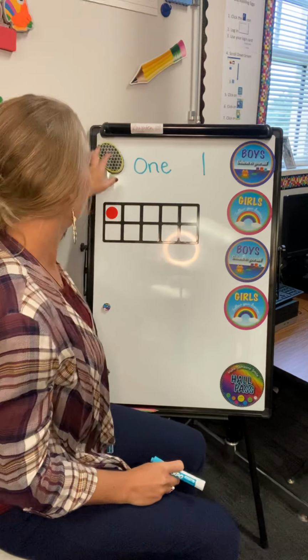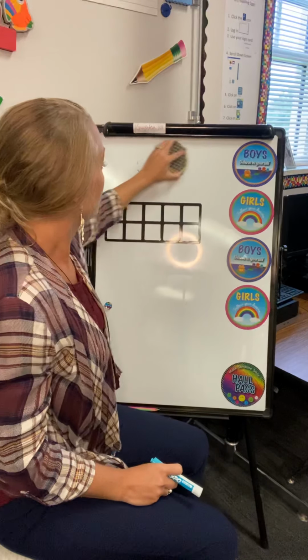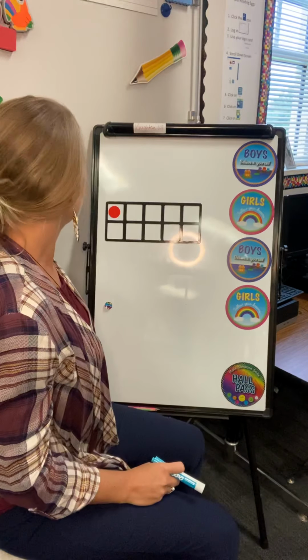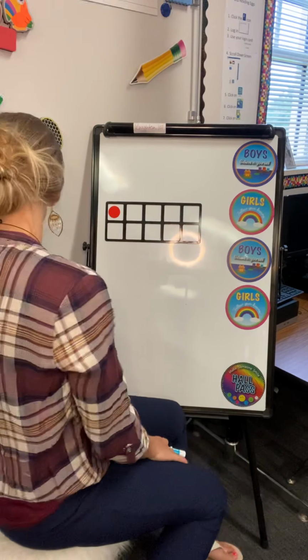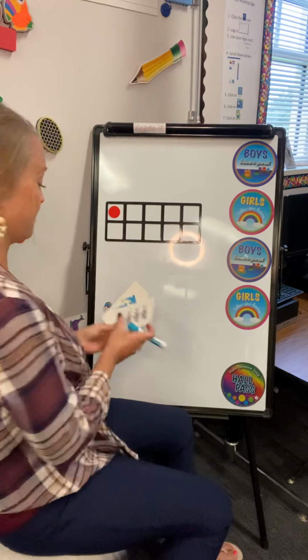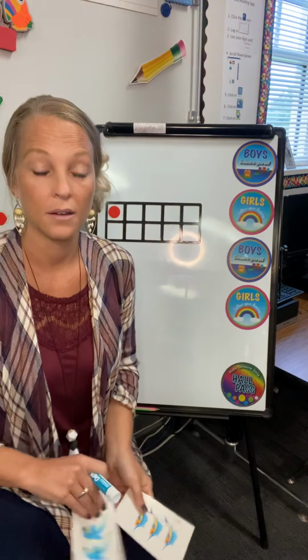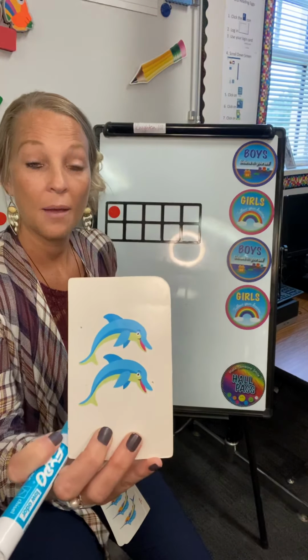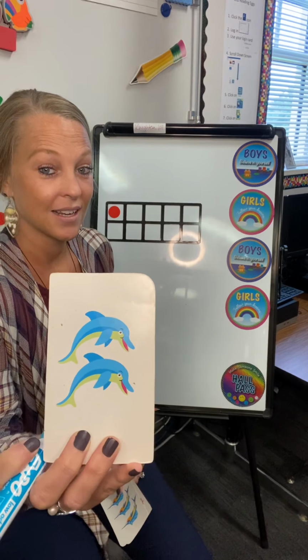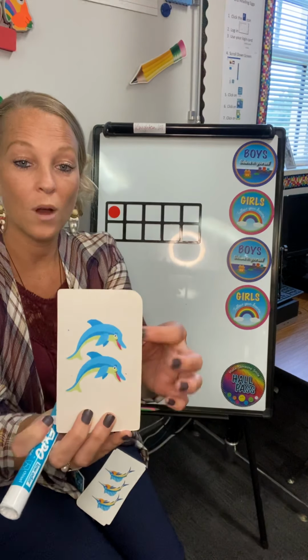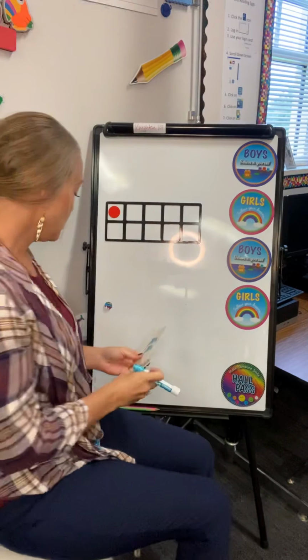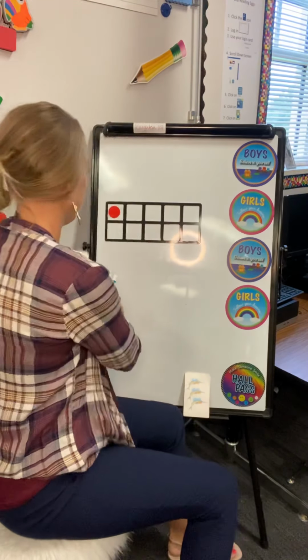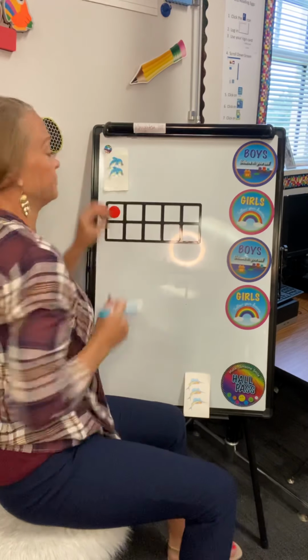And now for Tuesday's lesson, you're going to be practicing the number 2 in different ways. If you look, how many pictures do you see of dolphins? There's 1, 2 dolphins. So here's the number 2 shown with a picture.